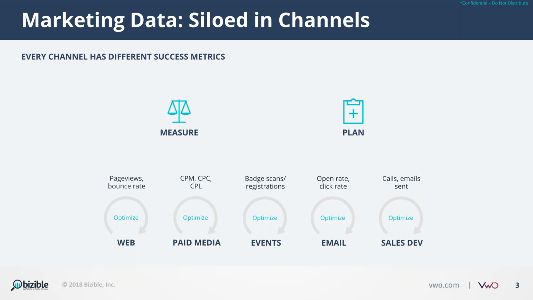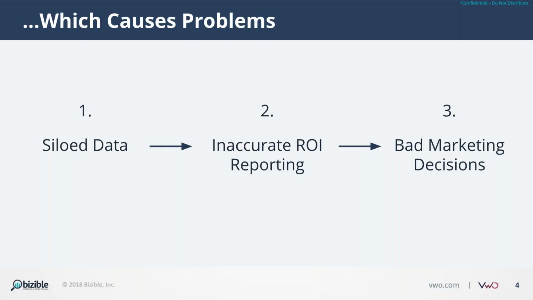And this leads to inaccurate and cumbersome reporting, and ultimately bad decisions, such as what we call random acts of marketing, or misinformed data-driven marketing, which is when you have the best of intentions, but your data is not there to really optimize your decision making.